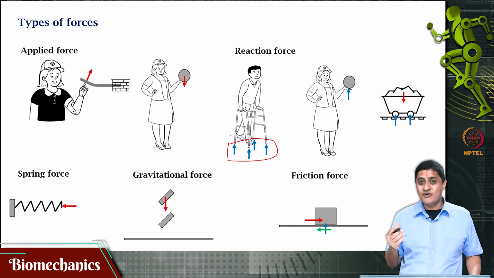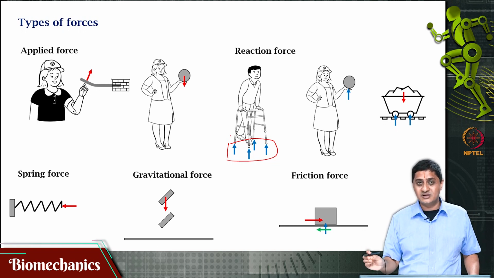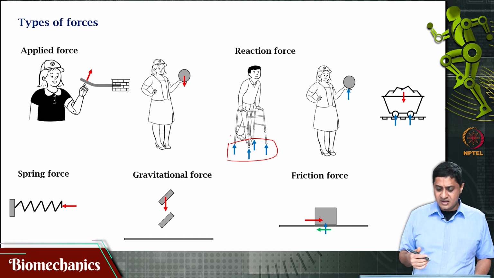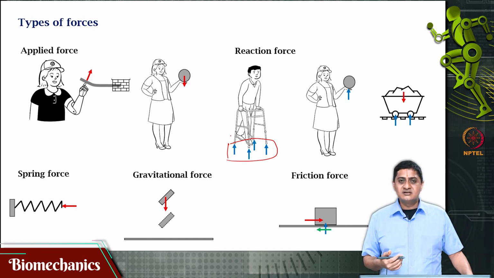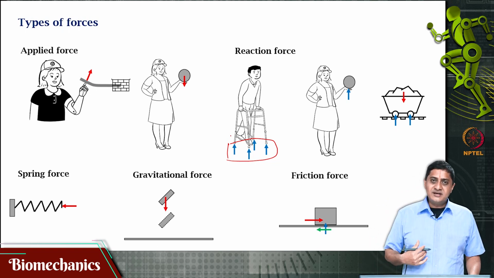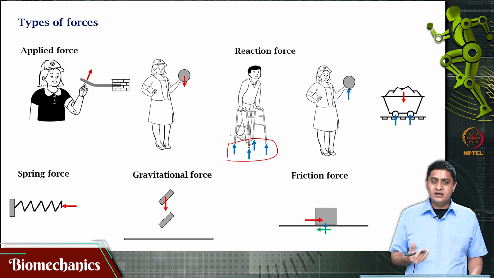So, this force that is applied by the ground on that walker is called reaction force. Just like when you are standing still, your weight is applied through the feet on the ground and the ground is applying an equal and opposite force on your feet.